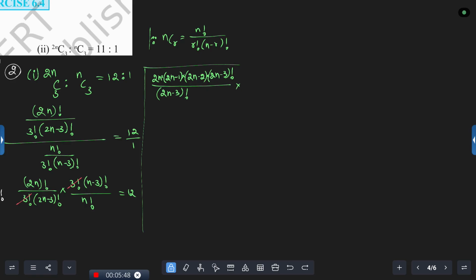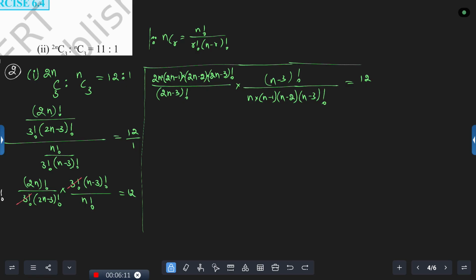Multiply. In the denominator what I have is n factorial. The n factorial I am writing as n into n minus 1 into n minus 2 into n minus 3 factorial. Numerator same, n minus 3 factorial, equal to 12. That's it, equal to 12.